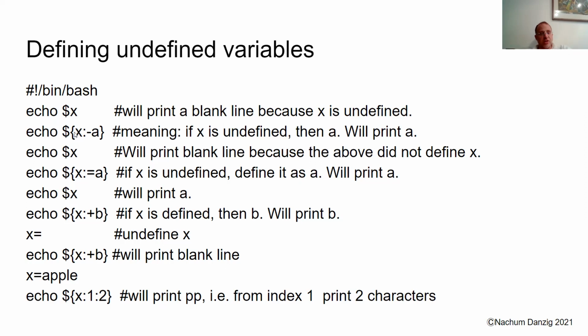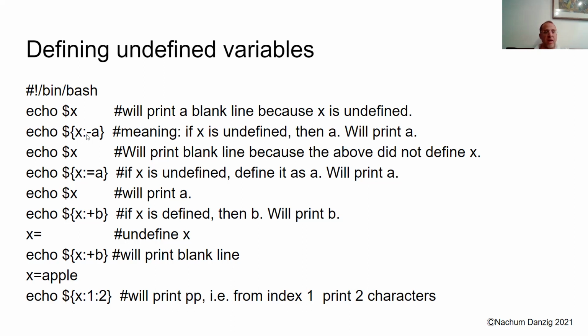Then I can do some special things. Once I've learned that I have these delimiters for the variable name, I can do special things inside them. I can do like an if thing: if X is undefined, then A. In other words, print X, but if it's undefined, then don't bother printing it; print a different value, A. The way I write that is with a colon and a minus A. Now, if I print X again, I'll get a blank line because X is still undefined.